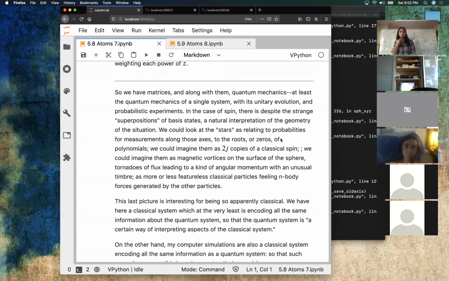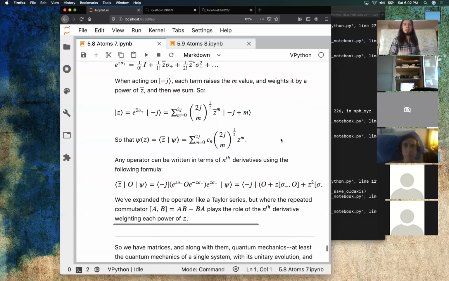So that's kind of the bulk of the math in terms of spin coherent states, why does the polynomial stuff work? If there are any questions about that, now would be a good time to ask them.